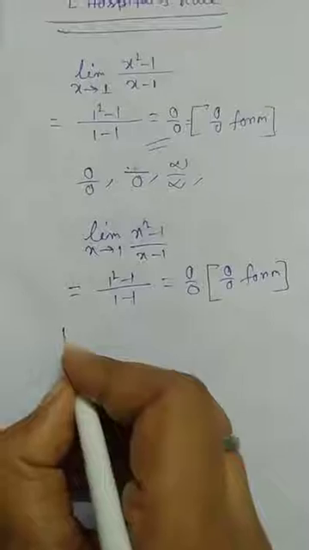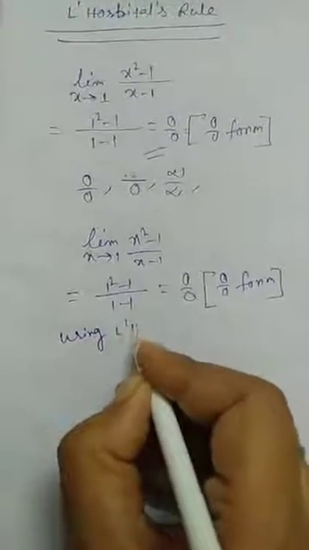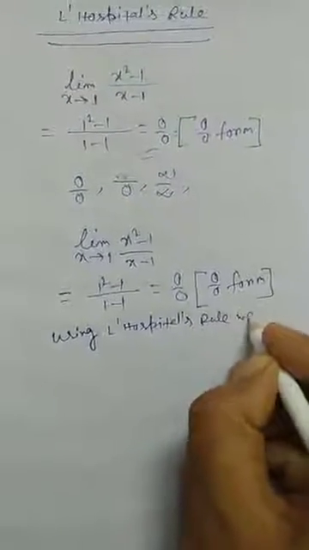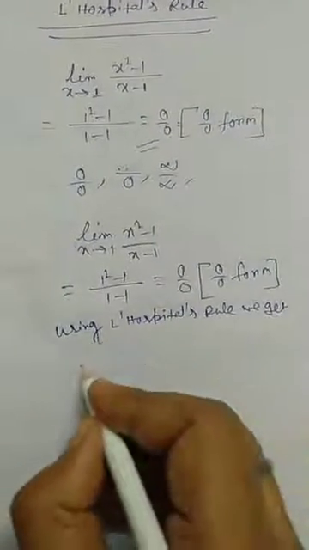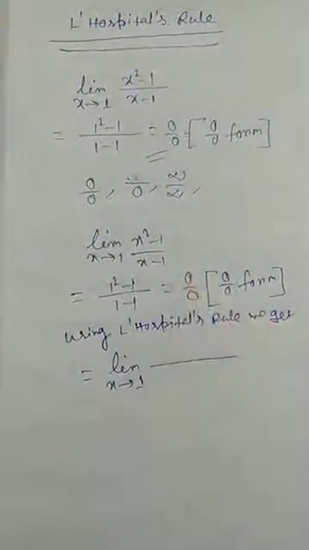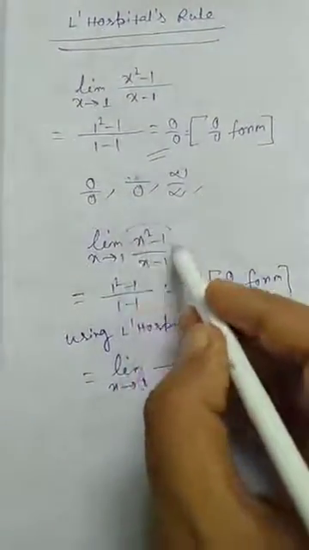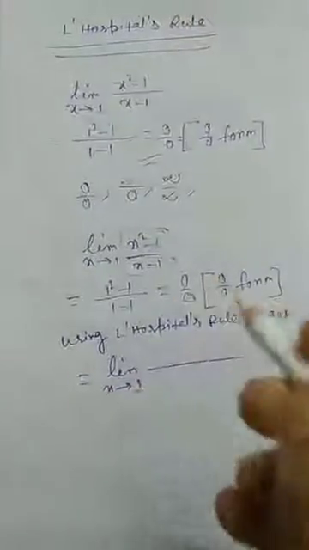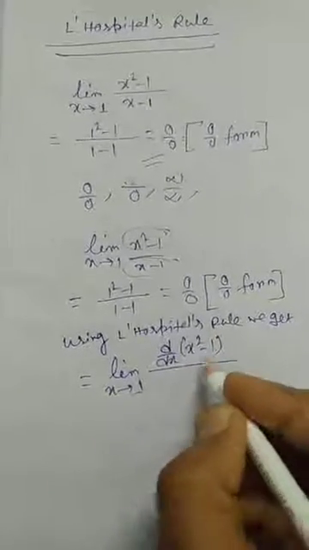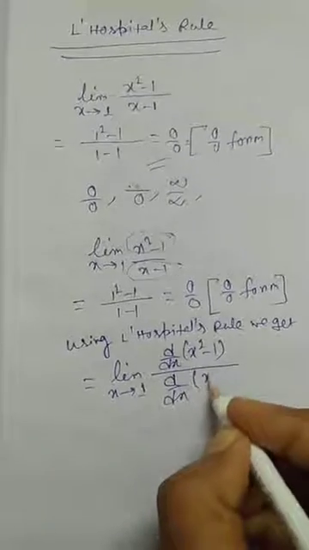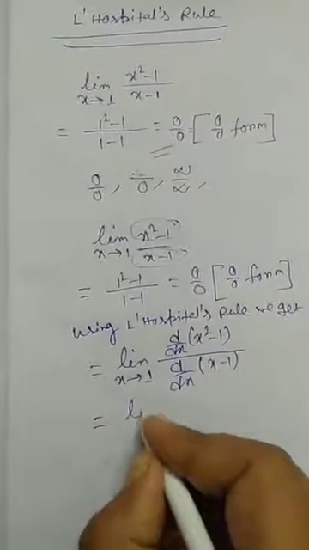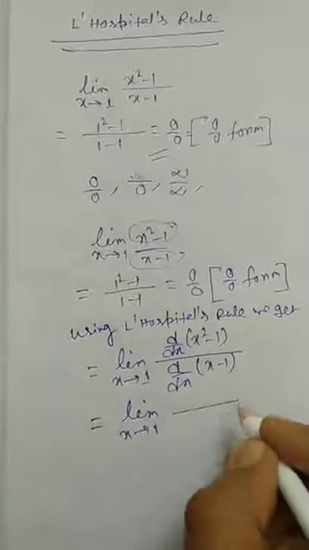Now using L'Hospital's rule, we take the derivative of the numerator and the denominator. So d/dx of x^2 - 1 and d/dx of x - 1.